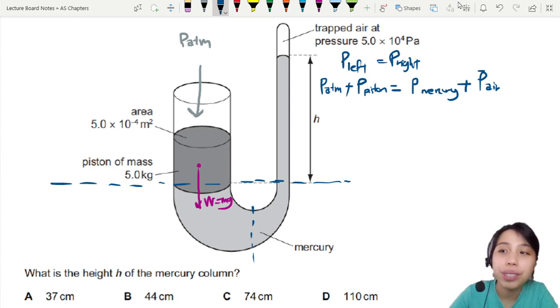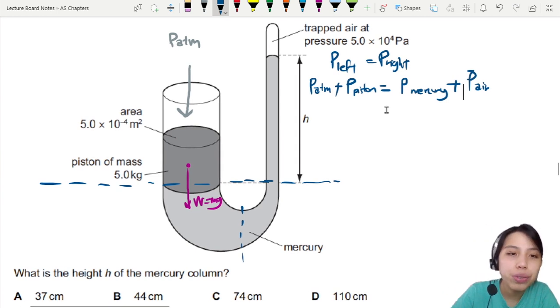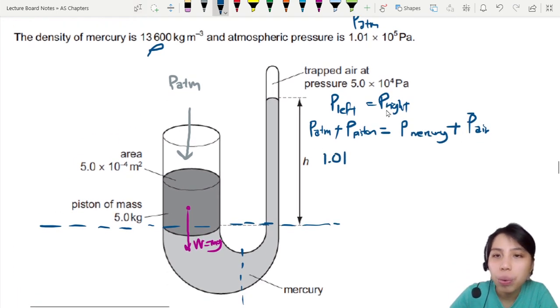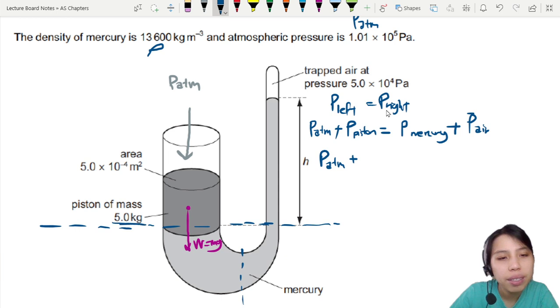Now we substitute all the values inside there. So atmospheric pressure is given to us, 1.01 times 10 to the 5. Actually, no. Let's rewrite this thing. It's not too long, is it? P11. Pressure due to piston. You only give mass. Oh, okay, I know.